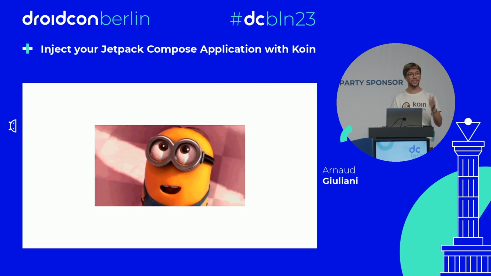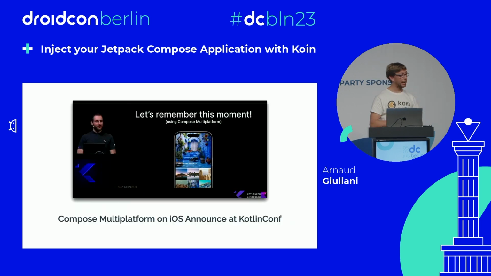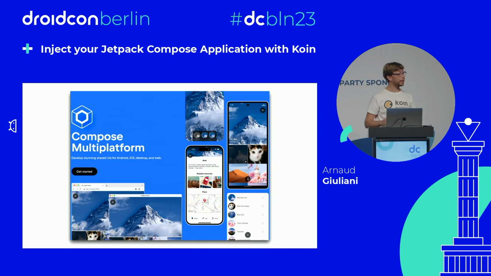Finally, this is the new thing that is appearing, and I believe you've seen the announcement of Compose Multiplatform for iOS, and this is really a great thing. We really see how Kotlin Multiplatform is bringing this declarative UI pattern to the multiplatform side. It's super great.